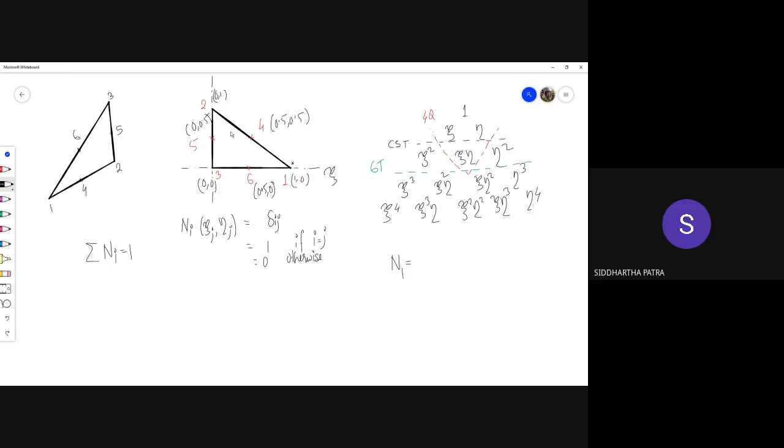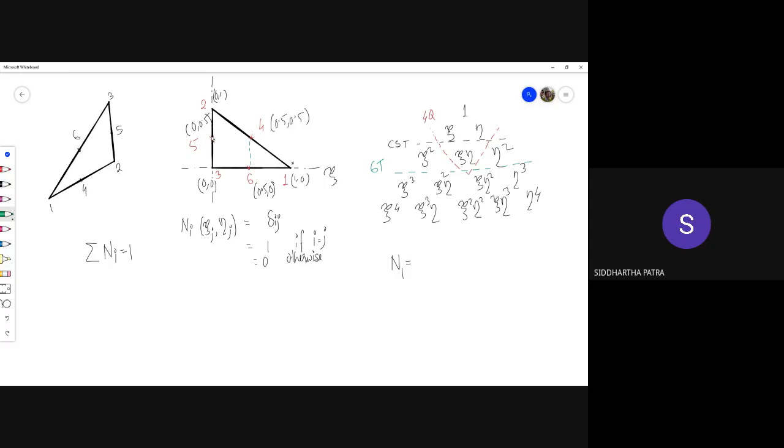Now if I look at all the nodes that are not node number 1, all the nodes except node number 1, they mainly remain on these two straight lines. Can you see this? The line 2 3 houses node number 2, node number 5, and node number 3, and line 4 6 houses node number 4 and node number 6.